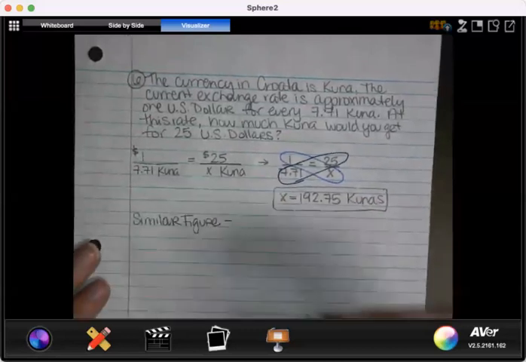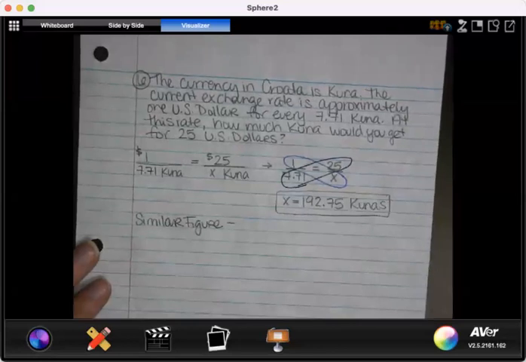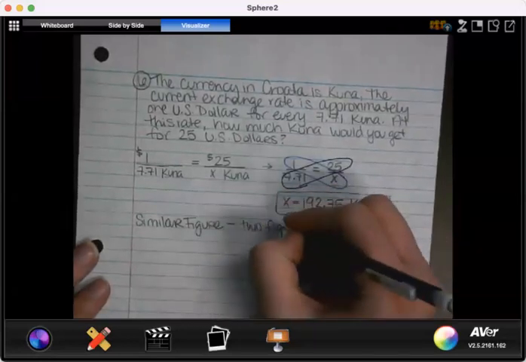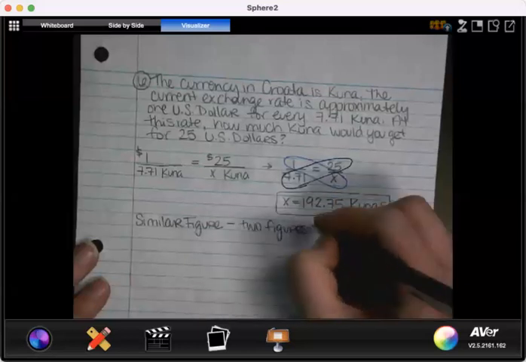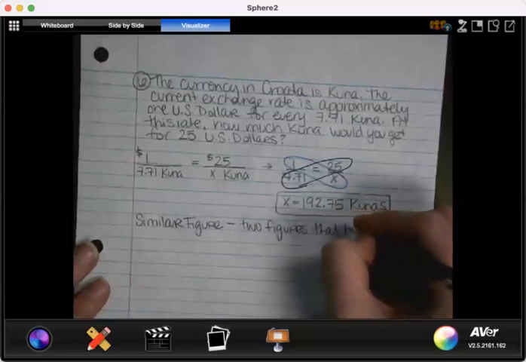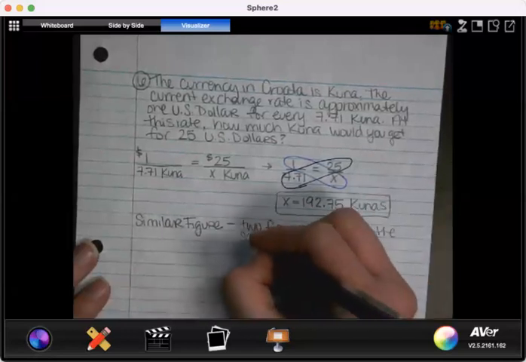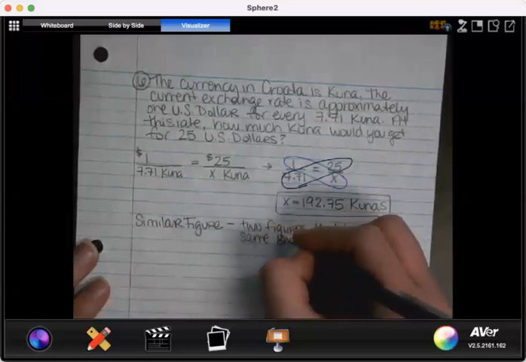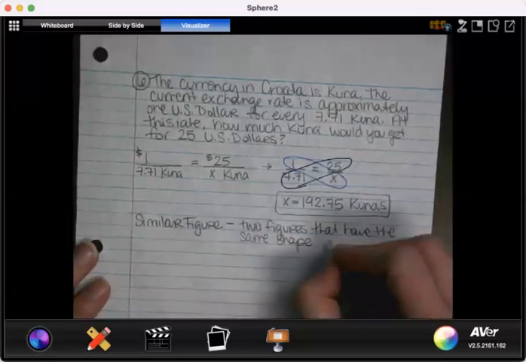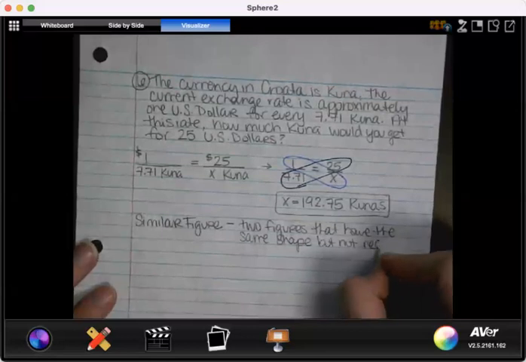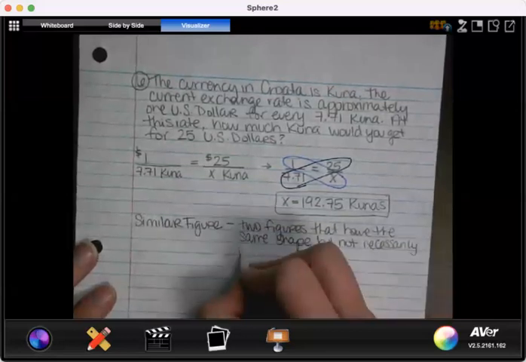A similar figure is when you have two figures that have the same shape, but not necessarily the same size.